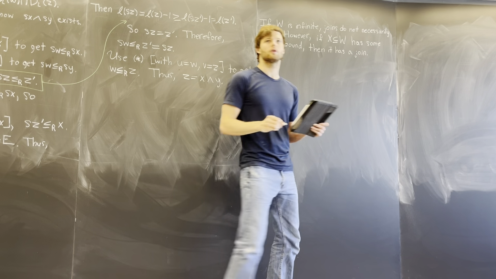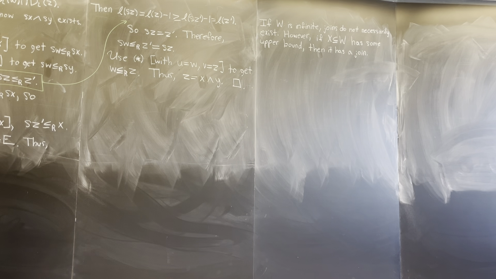Okay, so why is this true? Why do I know that if I have a set that has some upper bound, then it will have a least upper bound? This is not true for arbitrary posets. This is true for the weak order, specifically because of what I just proved.